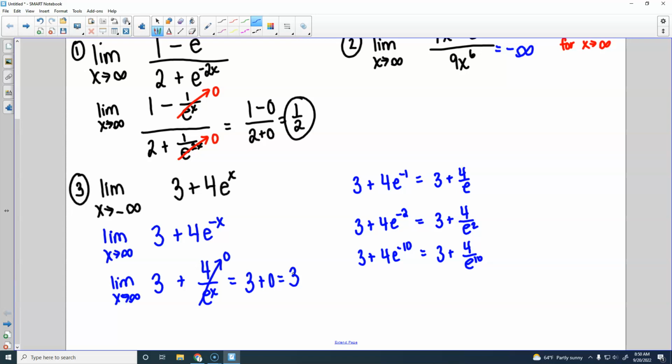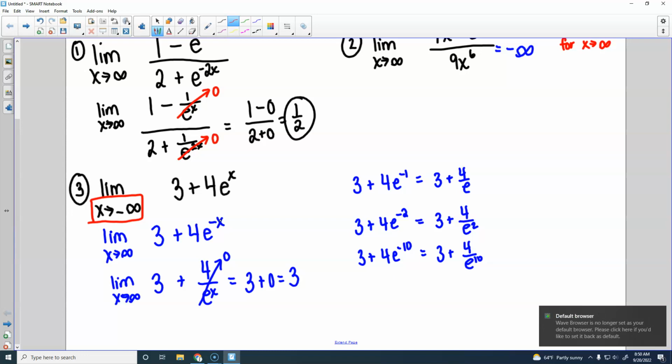So e's are a little bit tricky, particularly when x approaches negative infinity. If you have e's and x approaches negative infinity, your best bet is probably to change it to positive infinity and make all of your x's in the problem negative, and then think of it that way. Because these can be a little bit tricky.